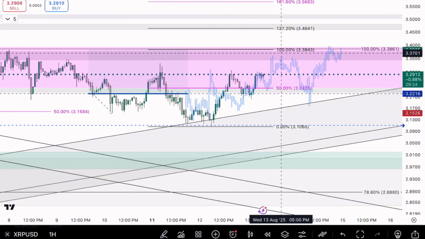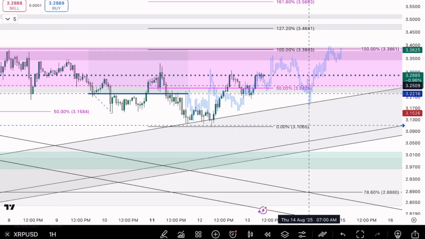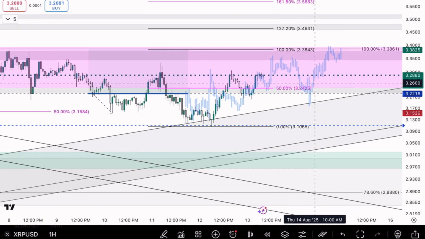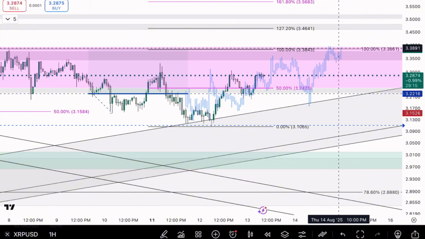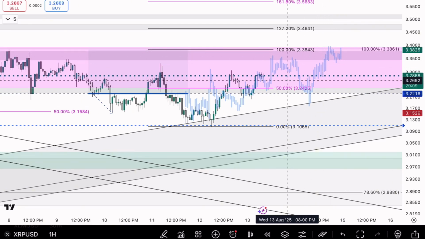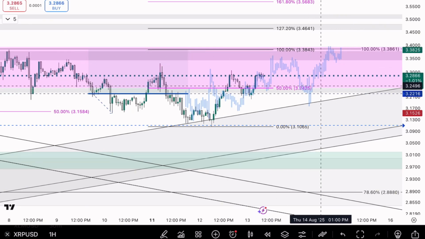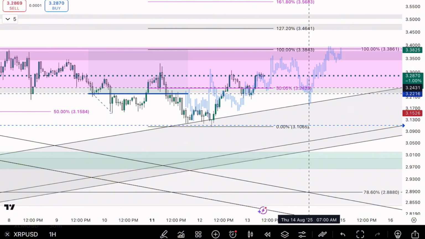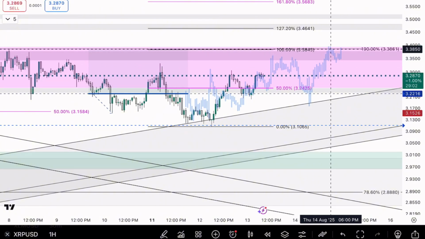I would get out at 100%, let it come back down, and maybe try to get back in again and watch it really closely, because I know I'm in a resistance area, but it found us some support right here. Then catch that little small trade and see if it's gonna come out of there, right? That's how I would handle XRP.